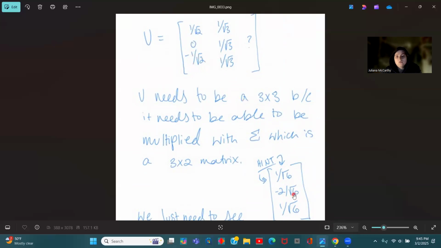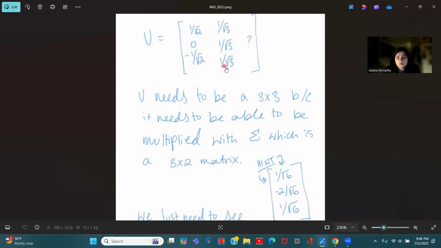To do that, you do the dot product. So just checking against our first one, doing the dot product, we get this times this plus this times this plus this times this, and we should get 0. So 1 over square root of 2 times 1 over square root of 6 minus 1 over square root of 2 times 1 over square root of 6 equals 0.